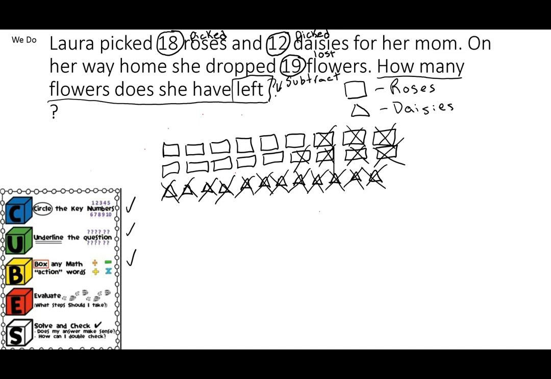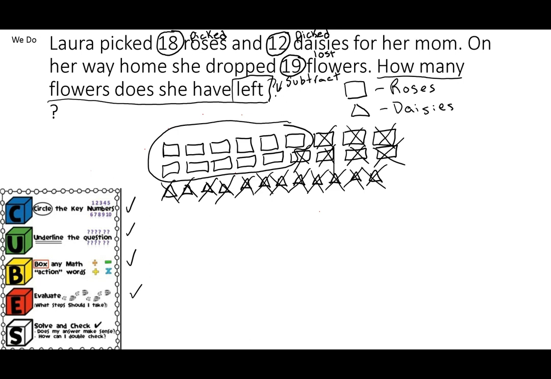And after I cross out everything that it tells me to cross out, I circle what I have left. After I circle what I have left, I can check that step off because I'm done with my visualizing, and I can move to the next step, which is what? Great job, solving and checking.